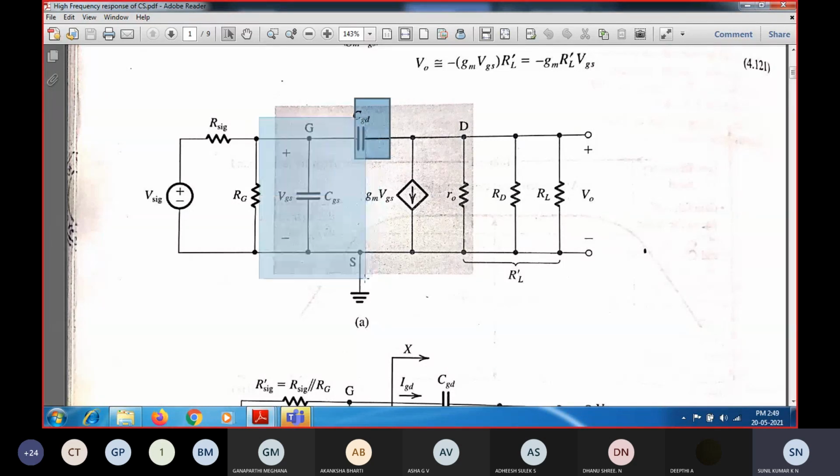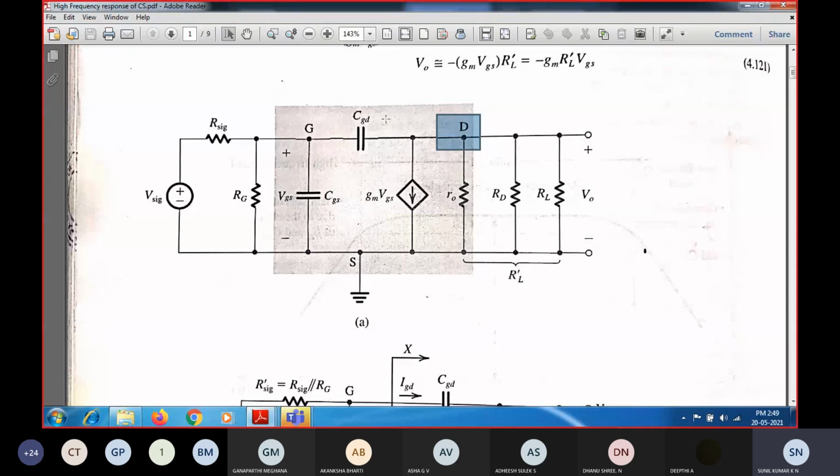Whereas CGD is connected between the gate and drain. If I want to consider its effect on the input side, since the gate to drain capacitance is connected between the input node G and the output node D, this type of network is called the Miller effect.